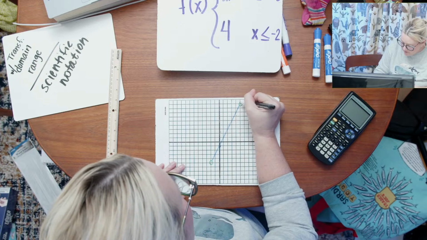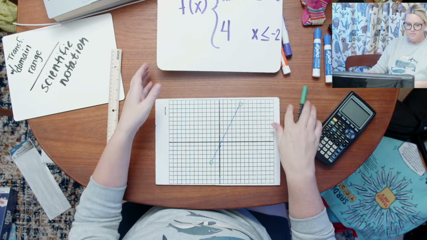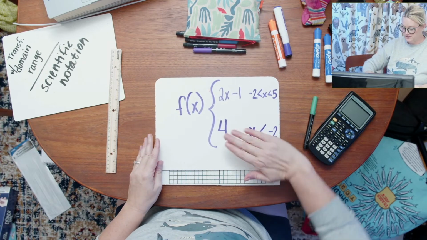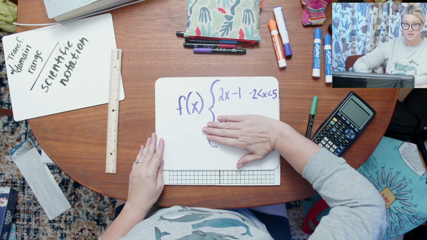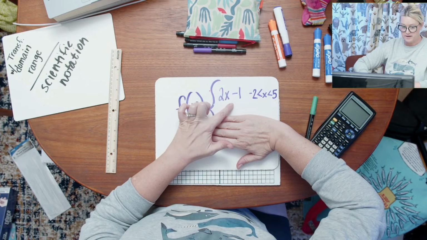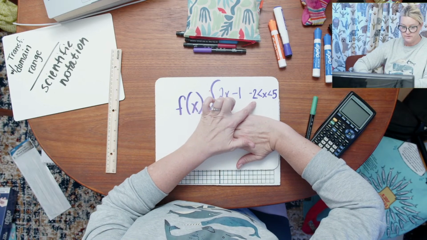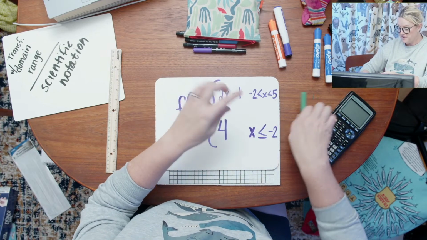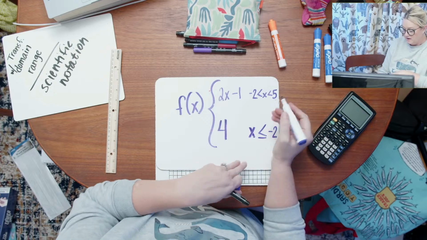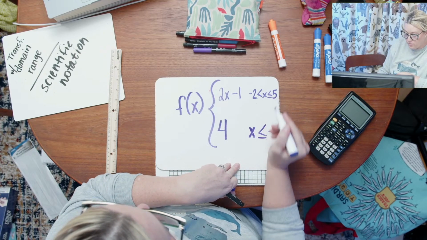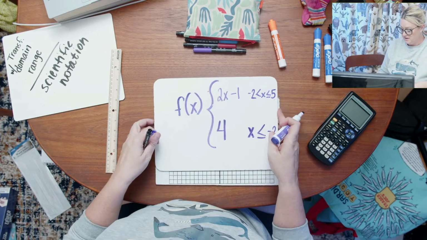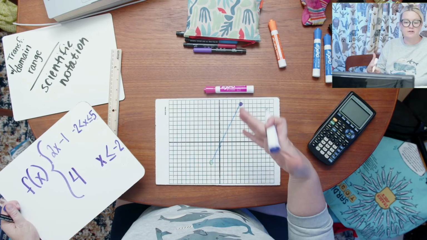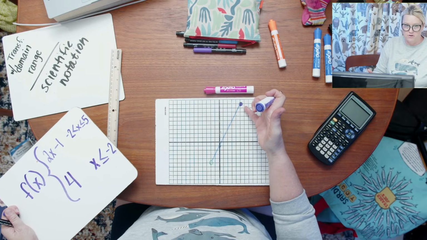So that right there is my first piece of my function, okay, that it's 2x minus 1 when negative 2 is less than x is less than 5. Now, if this were less than or equal to 5, I would fill that in because it includes that value.